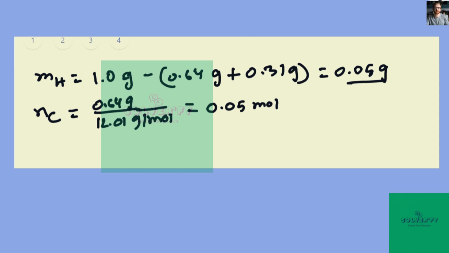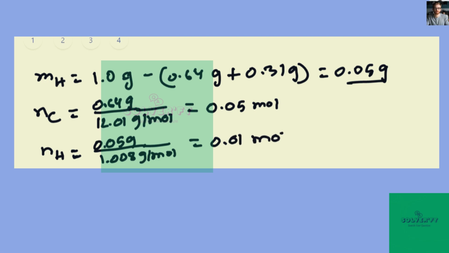Now we will find the number of moles of hydrogen, which will be the mass of hydrogen, 0.05 gram, over the molar mass of hydrogen, which is 1.008 gram per mole, and it will give us a value of, oh no, it will be 0.05 mole again.